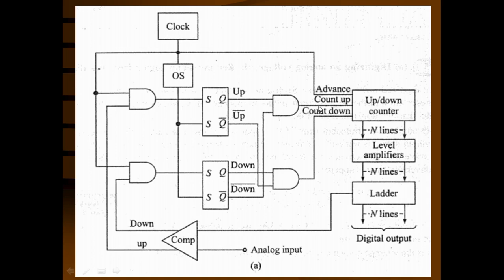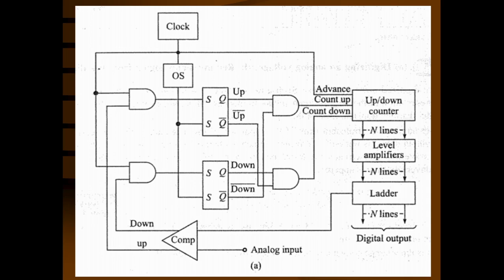Whenever the count up line is high and the count down line is low, then if a clock pulse is available at the advance input, the counter will increment the digital signals in the up direction. And when the count down line is high and the count up line is low, the counter will operate in count down mode after receiving a clock pulse. So it will decrement the content of the counter by 1.